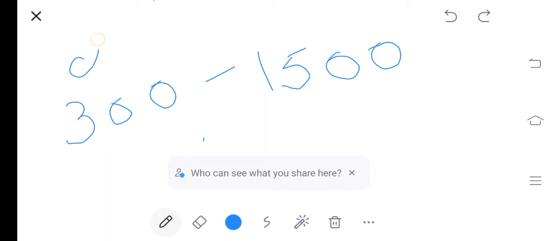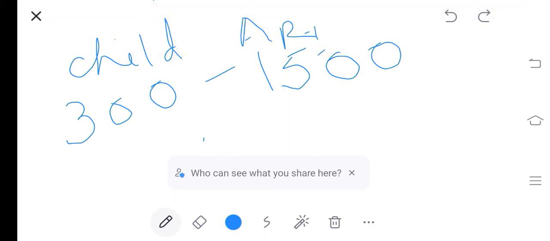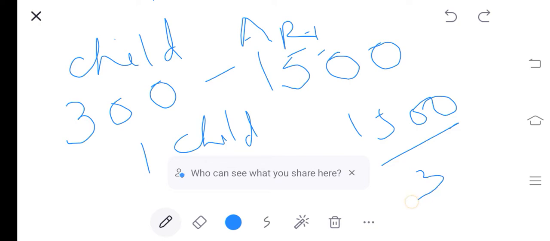So for one child per year, how much is the episode? It is 1500 divided by 300. So that is 3 fives are 15. So the answer is 5.